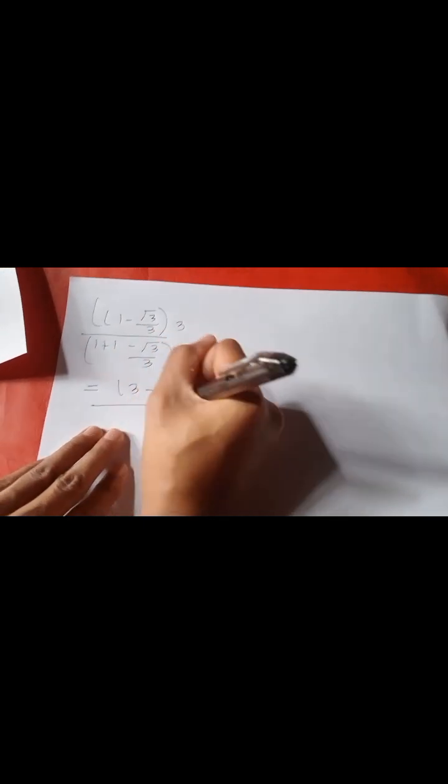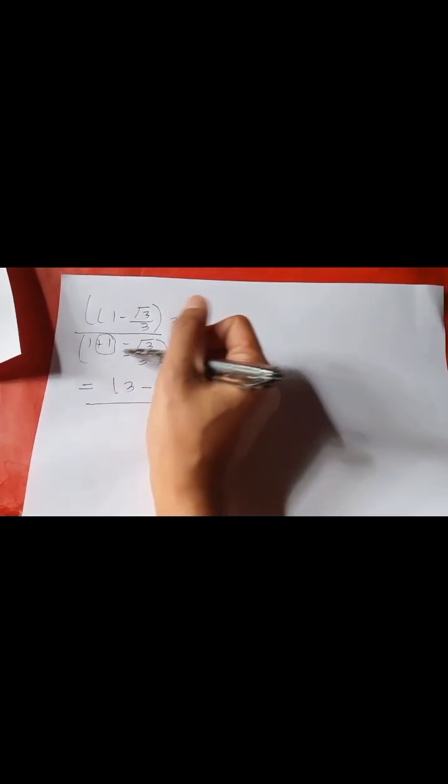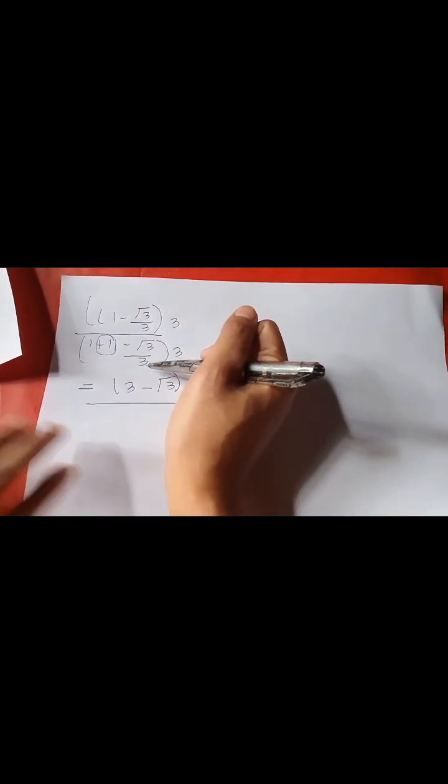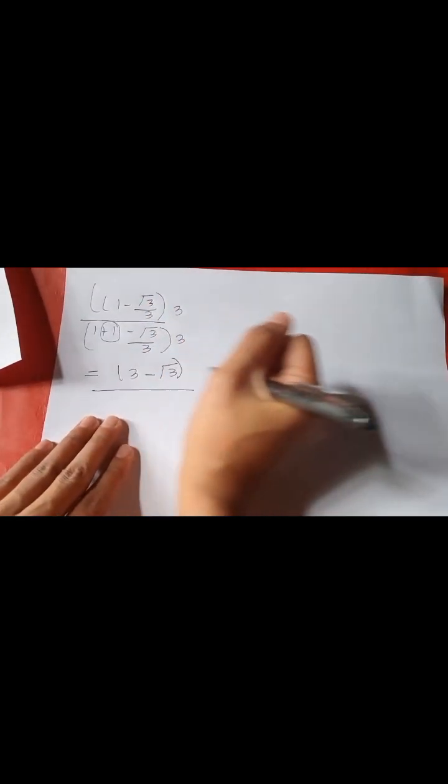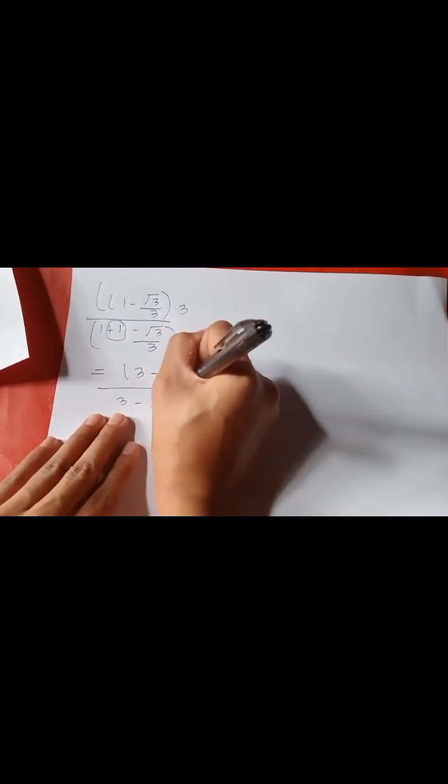So, 3 times 1 is equal to 3 minus the square root of 3 over 3 times 1. So, let us remove this, because 1 times square root of 3 over 3 is equal to square root of 3 over 3. So 3 minus square root of 3.